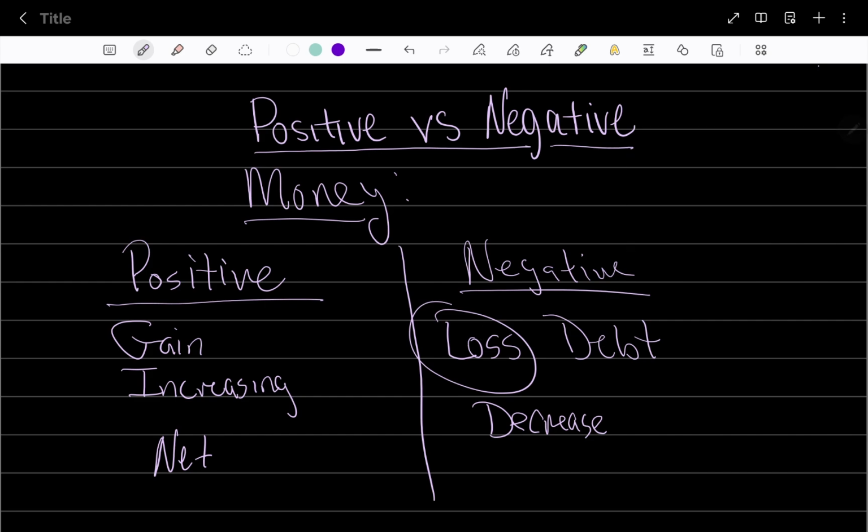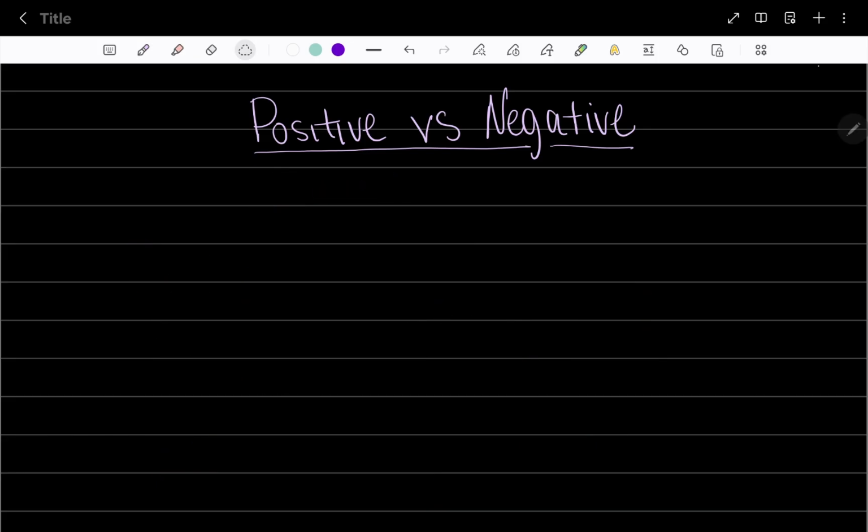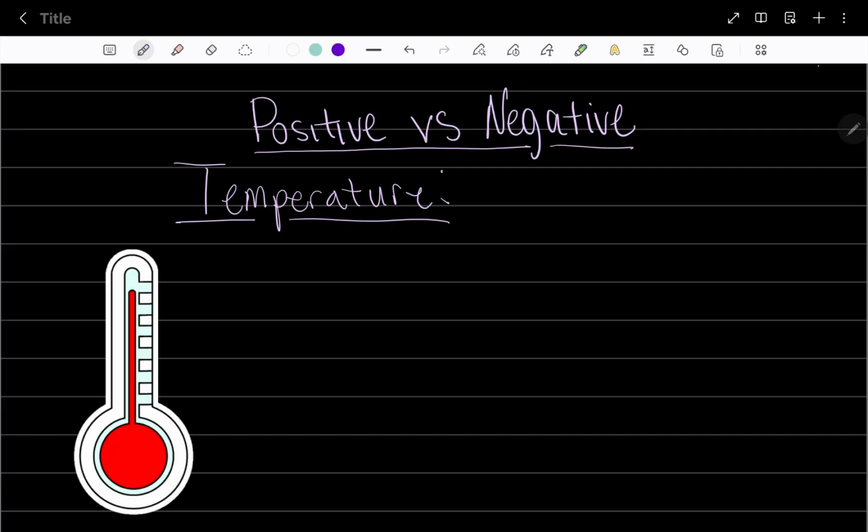And so I'm going to go over one more example of positive and negative numbers. And that is going to be temperature. So with temperature, you have a thermostat.